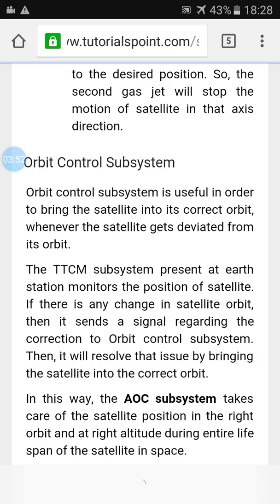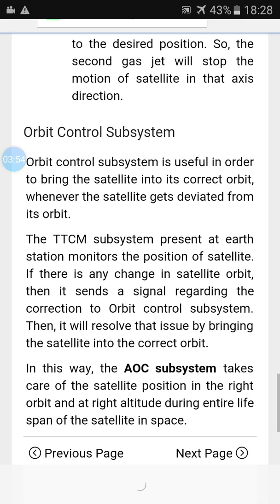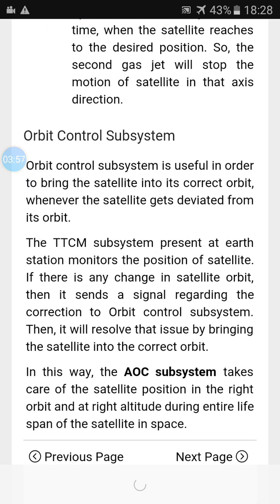Whenever the satellite gets deviated from its orbit, then the TTC&M subsystem present at the Earth monitors the position of the satellite. If there is any change in the satellite orbit, then it sends the signal for correction to the orbit control system.